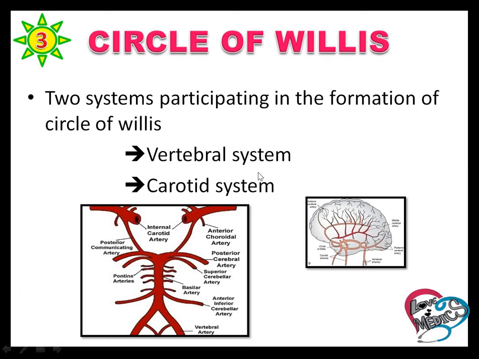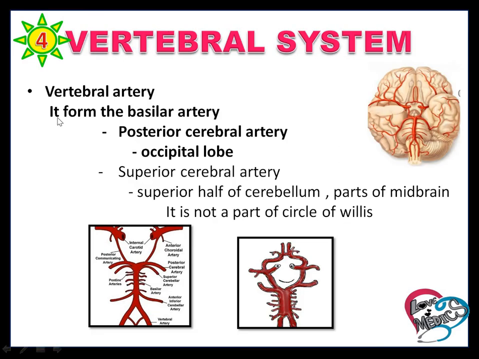I already told here two systems are participating. One is posterior system. It is supplied by vertebral artery, so it is called vertebral system. And the anterior system is supplied by carotid artery, so it is called carotid system. Now the vertebral artery. The right and left vertebral artery form the basilar artery.